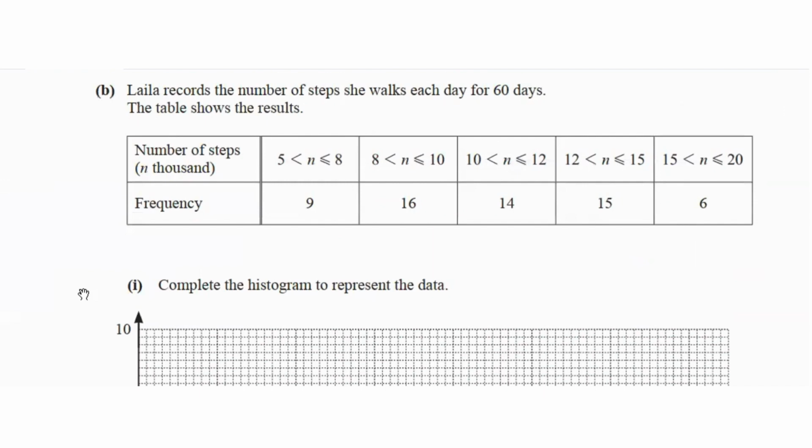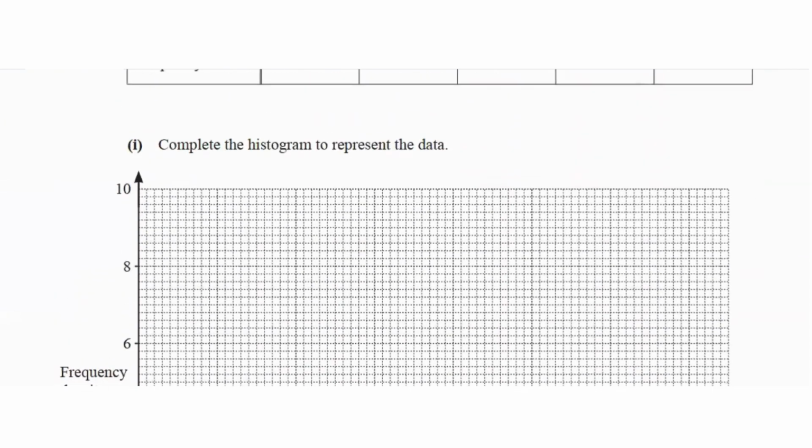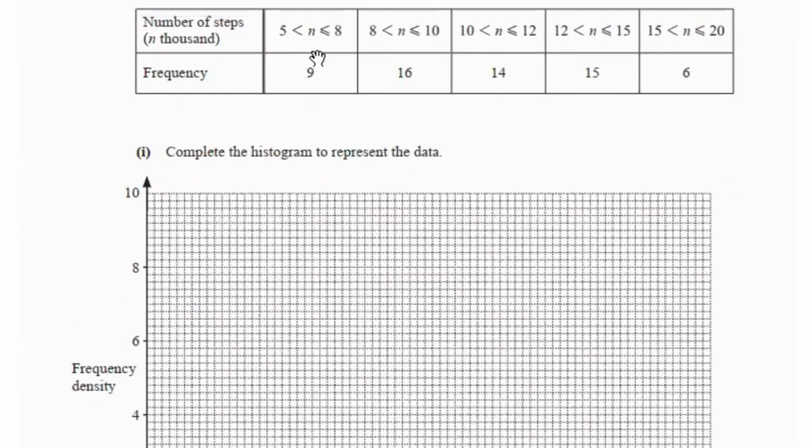Then she records the number of steps she walks each day for 60 days. The table shows the results. Complete the histogram to represent the data. So let's find the frequency density for each first.